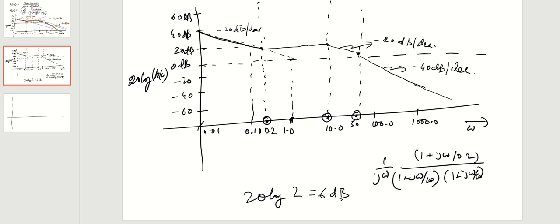So basically what that k will do is it will just lift every point on the plot up by 6 dB. Instead of that, we will call this 46, 26, 6, and similarly every one of these will raise by 6.